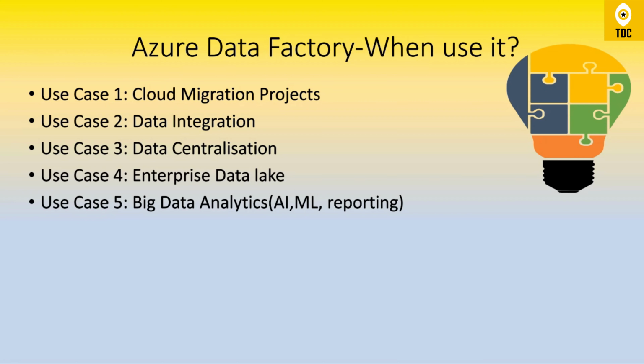That means they want to keep all their data in one centralized repository, so that they can get a lot of insights and benefits whenever they want to do any custom analytics or analysis, right? There are a lot of projects running in data centralization also, and they are creating enterprise data lakes to perform the data centralization.